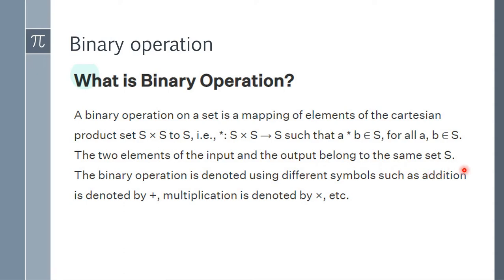So, dili pwede nga ang imong input naa ni S pero ang output wala dito. So, dapat ang imong output, whatever operation it will be, it still belongs to S.